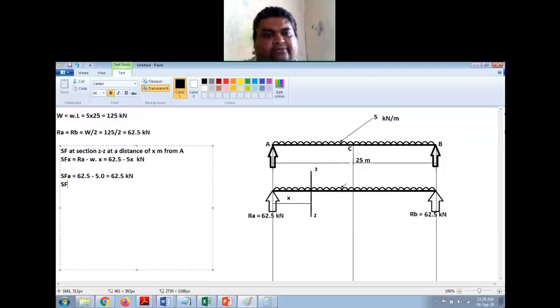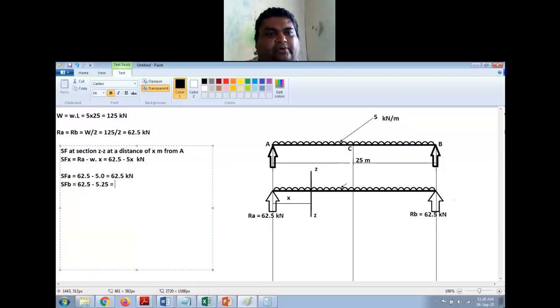Then SF at B is equal to 62.5 minus 5 into this entire length, that is 25.